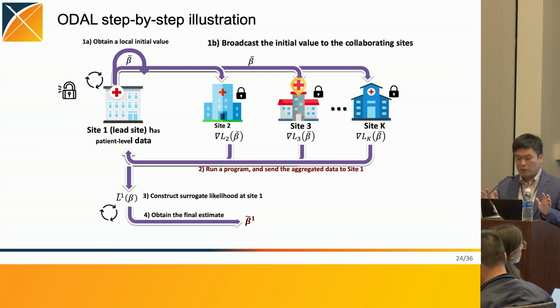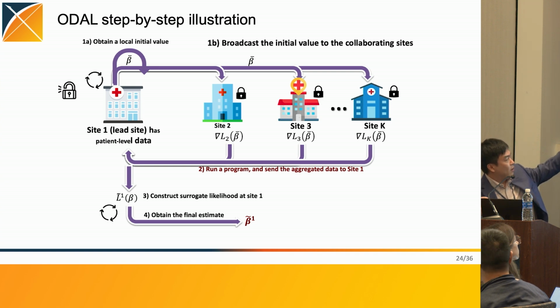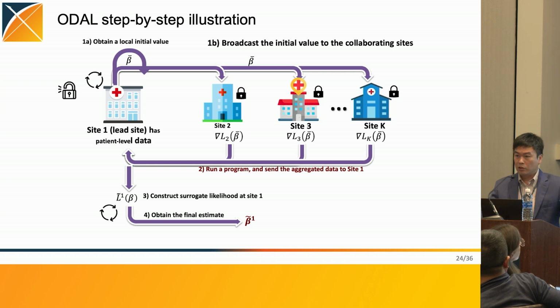It's very easy to implement, but I think it reflects two important philosophies. This is fundamentally different from iterative federated learning because it only takes one iteration. It has iteration, but all the iterations are done inside your local data set. This is number one: it only takes one communication.